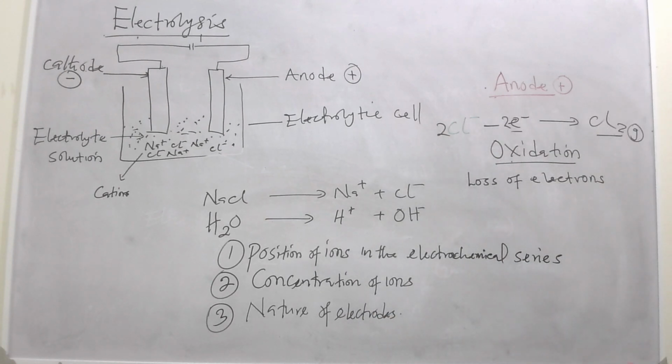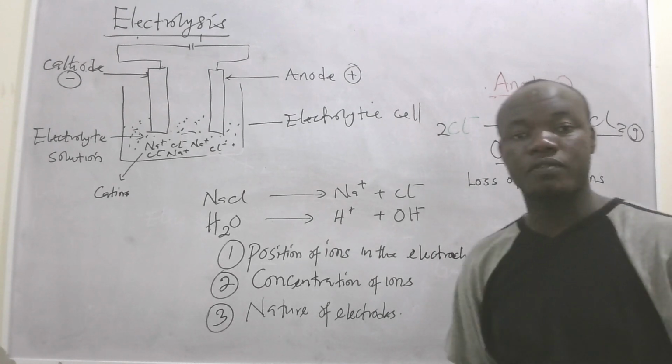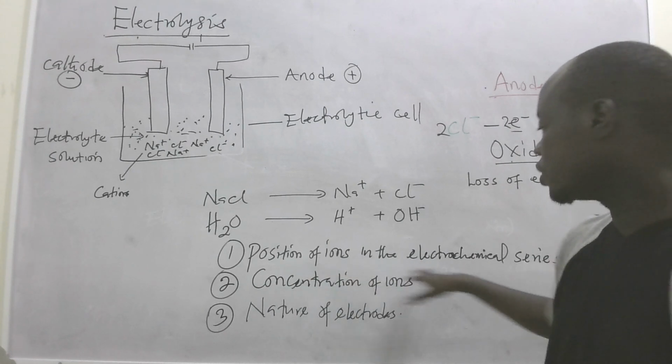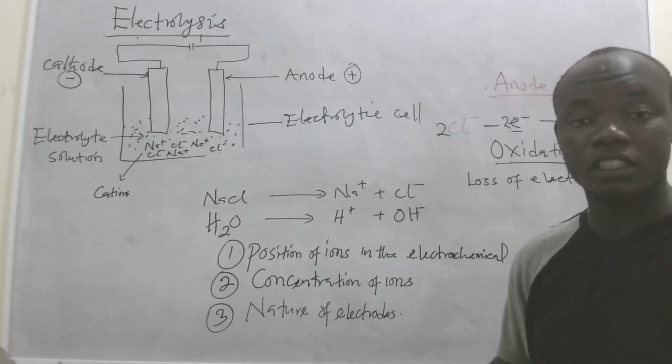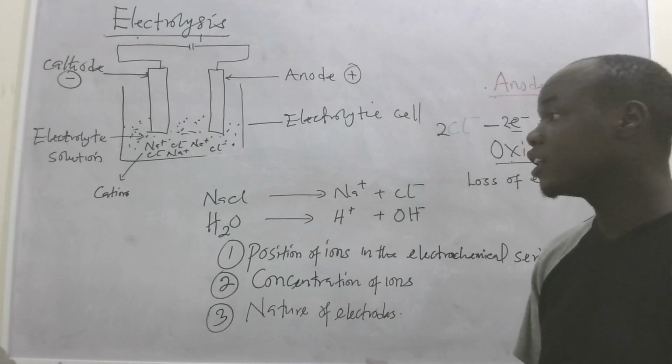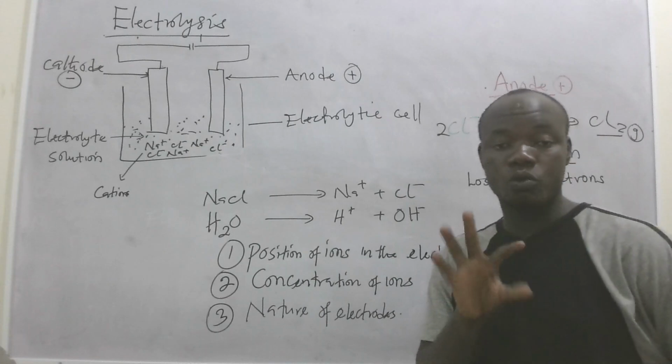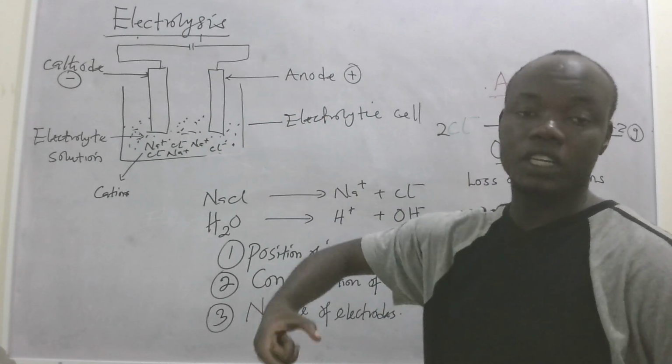So these are the factors that affect the discharge of ions during electrolysis. We have the electrochemical series, we have concentration of ions, and then we have nature of electrode.